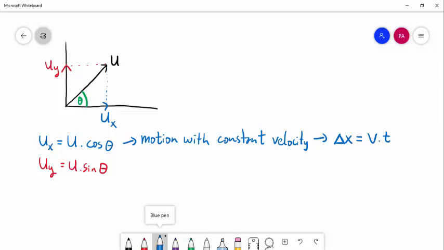And because this motion has constant velocity, the velocity v is always equal to the initial velocity. So if we want to find the distance, we can just use this formula.